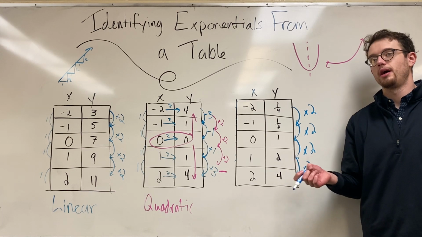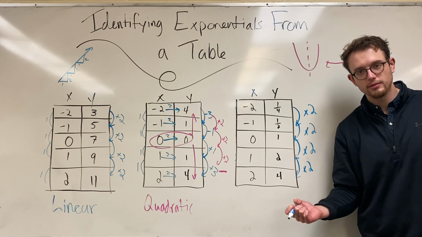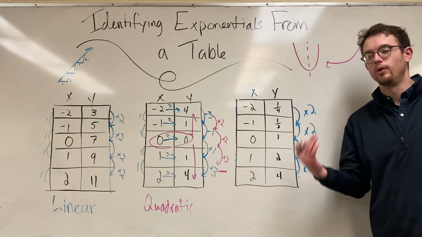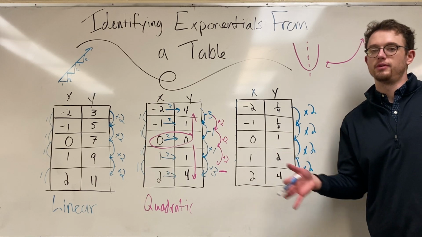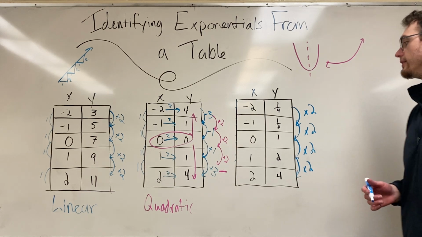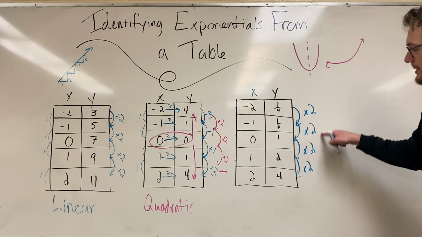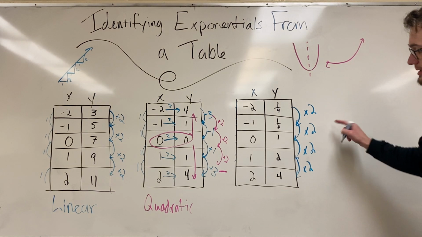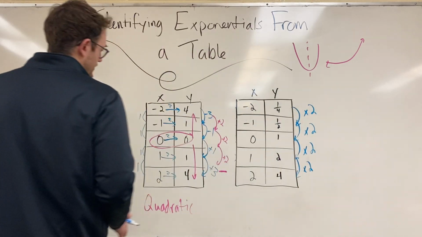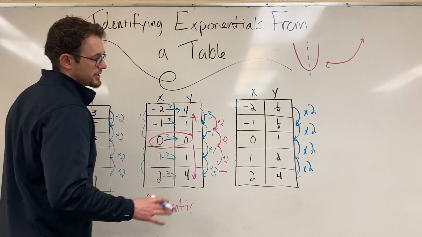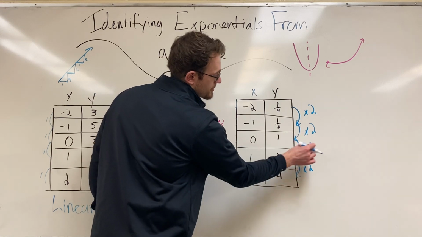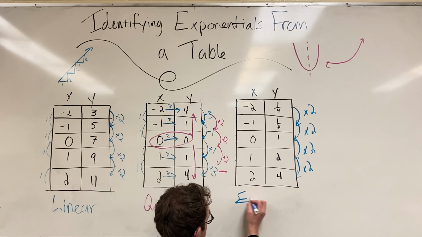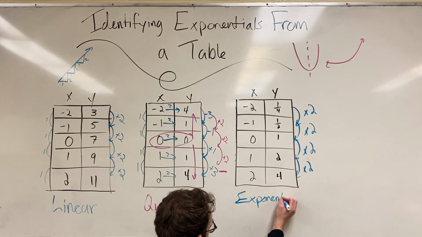You're either multiplying by a number greater than 1, and it's getting bigger, or you're multiplying by a number in between 0 and 1, so 1/4, 1/2, 0.567, whatever, 0.999, doesn't matter. But it's multiplication, and you're multiplying by the same number over and over and over again. So this is exponential. This one, quadratic, at least not exponential. It's exponential: multiply, multiply, multiply. It is multiplication, all right? So, exponential.